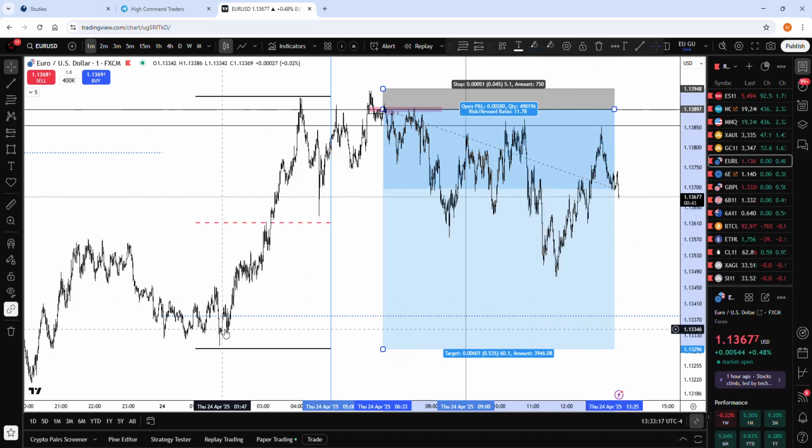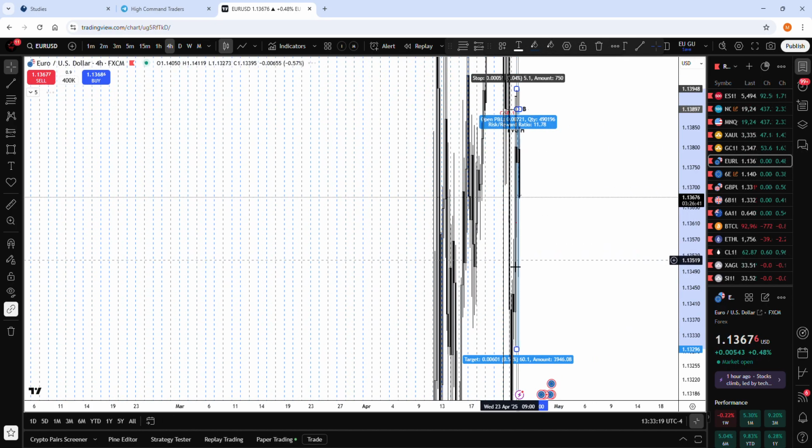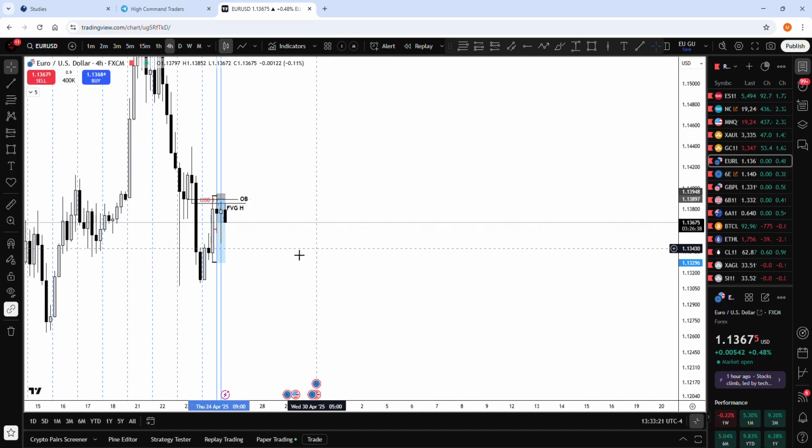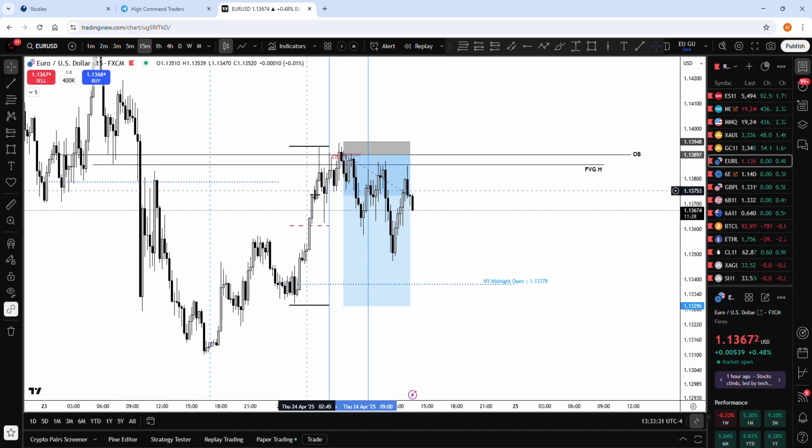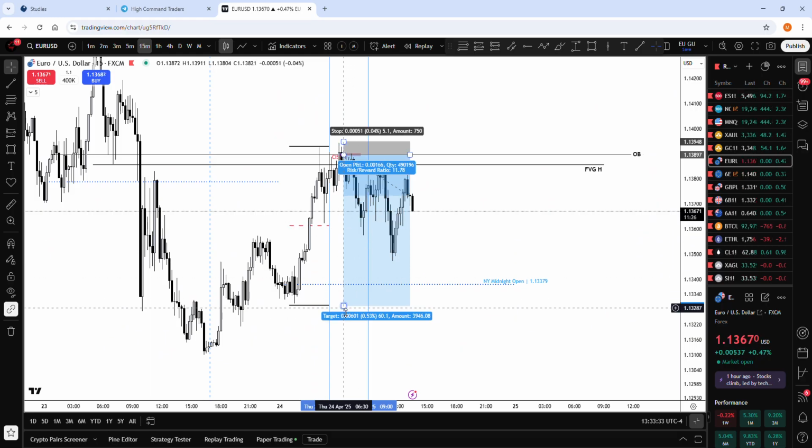Okay. So in this specific example, you always have to be aware of the 50% of the range, right? We always talk about that. You take partials at 50%. Why?